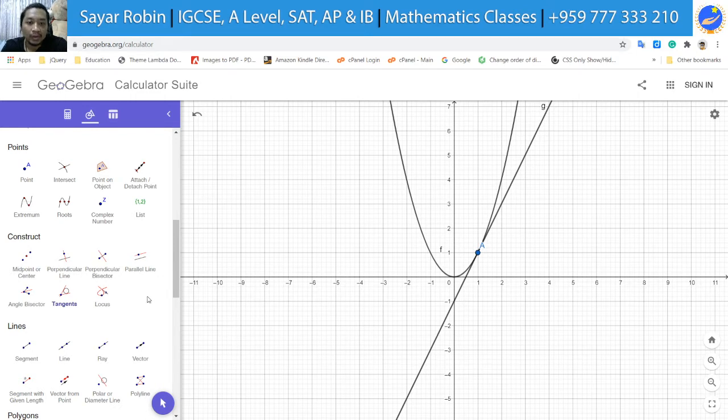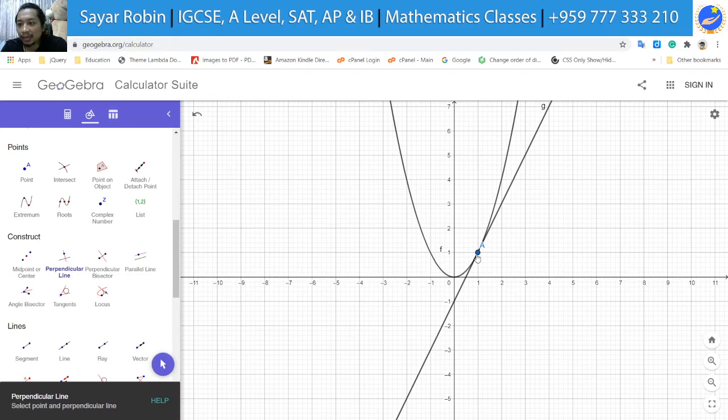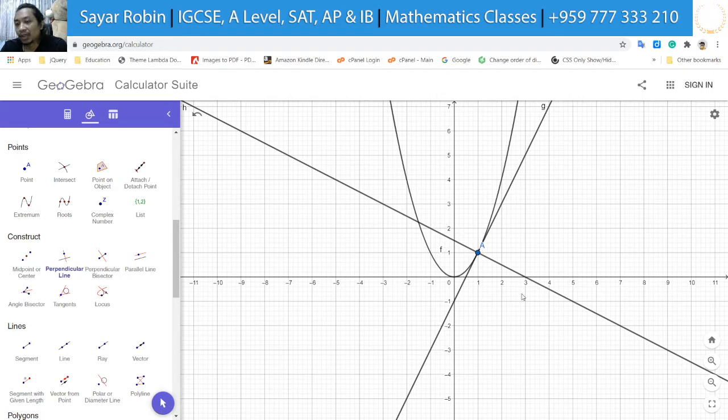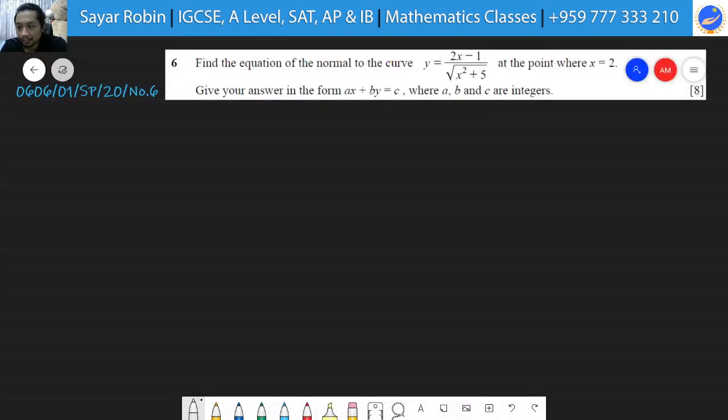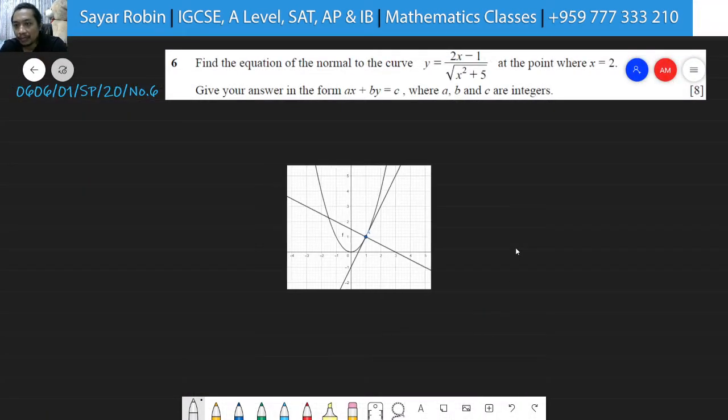So we are now going to draw a perpendicular line at point A. Now we are going to find the normal line equation. This is a sample, and I'm just explaining to you, not really a problem.